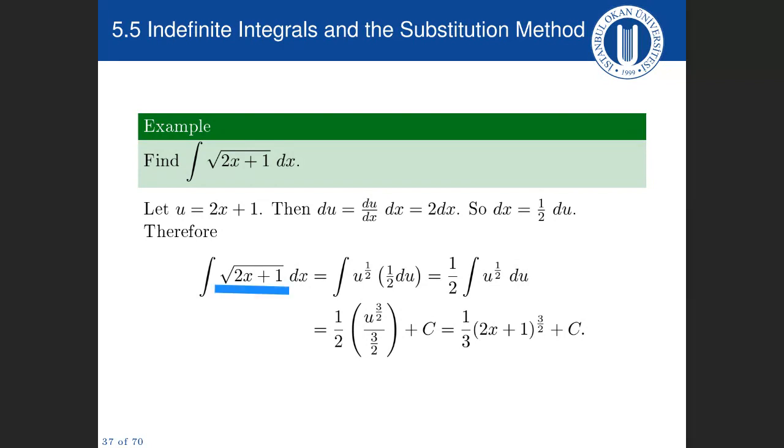Square root of 2x plus 1, I can change that to square root of u, or u to the power of a half. And instead of dx, I can put in a half du.